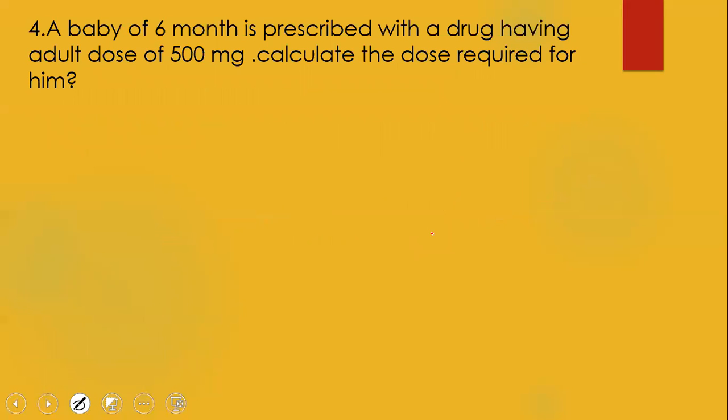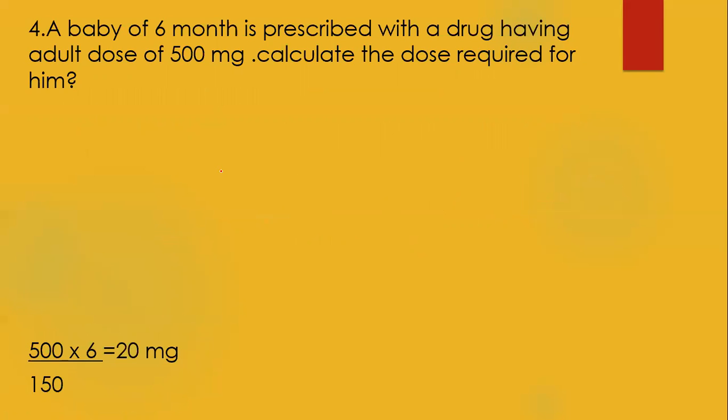Next, a baby of 6 months is prescribed with a drug having adult dose of 500 mg. Calculate the dose required for him. So, for an infant, the dose calculation is by Fried's rule.